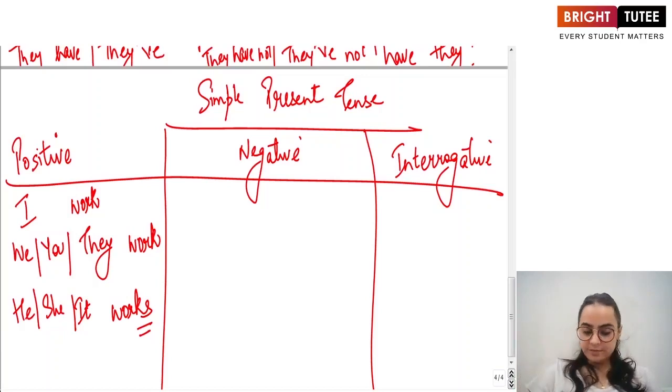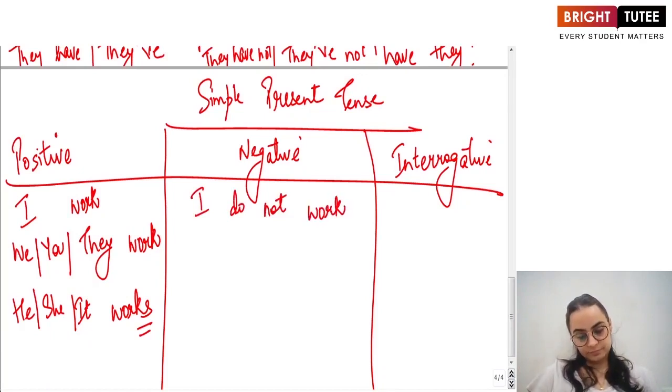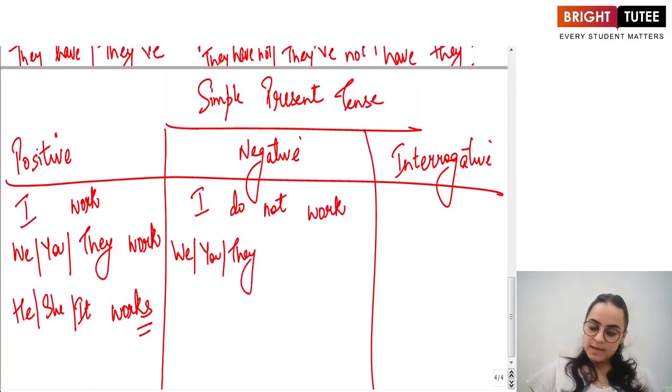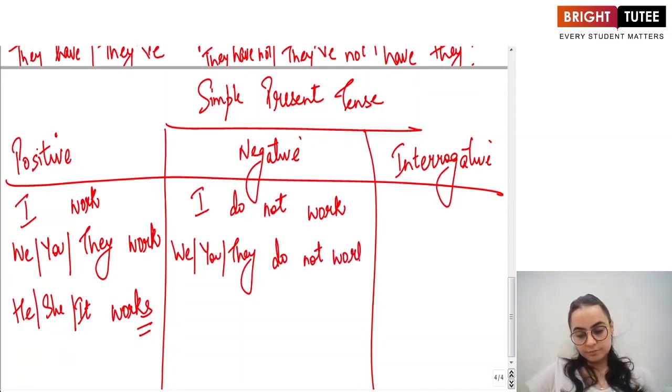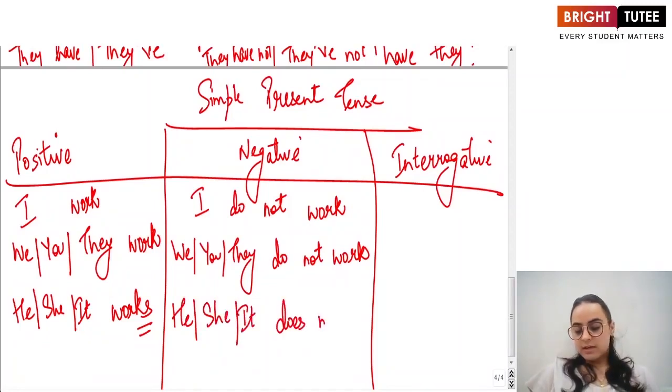The negative, I do not work, we, you, they do not work, he, she, it does not work.